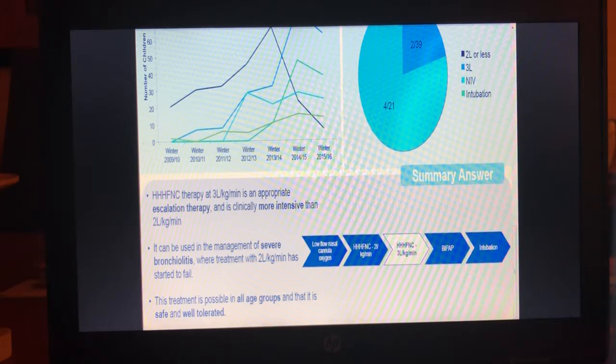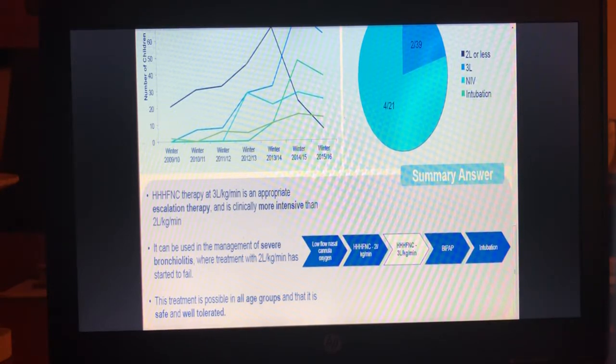So the next slide summarizes our conclusions from looking at this retrospective analysis: that high flow at 3 litres per kilo per minute appears to be an appropriate escalation, and in terms of higher sedation requirements, appears to be clinically more intensive, but better tolerated than CPAP in terms of how much sedation is required.